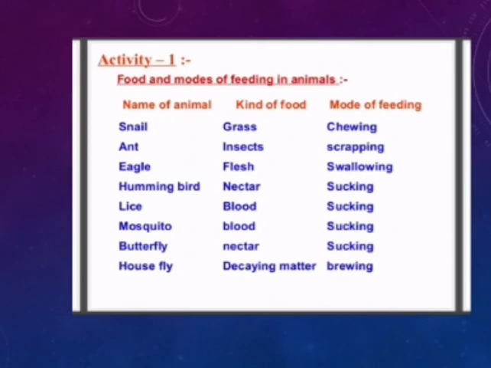Then digestion: the breakdown of complex components of food into simpler substances is called digestion. The next one, digestion in humans, we will go to in the next session.